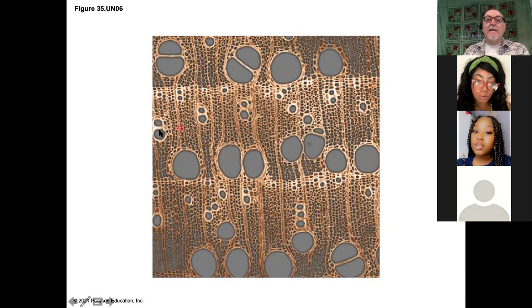And then this big area here with big wide tracheids and vessels. So this is xylem tissue, heavily secondarily thickened and still active. It's actively transporting water up through the plant.